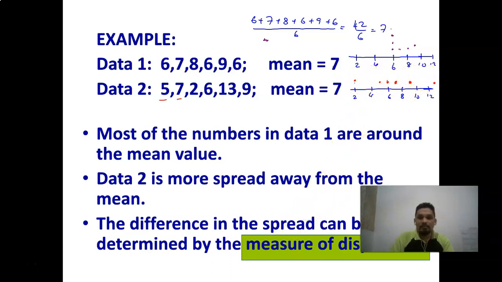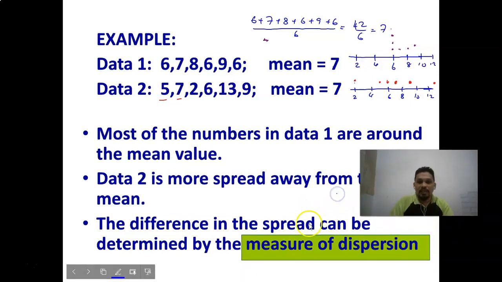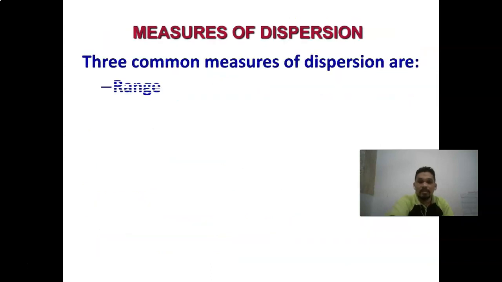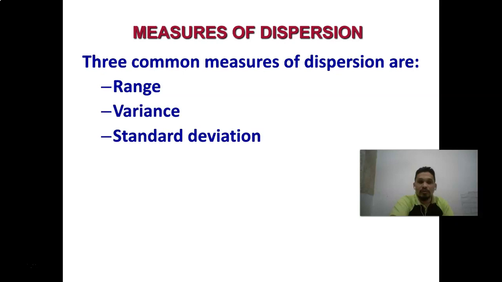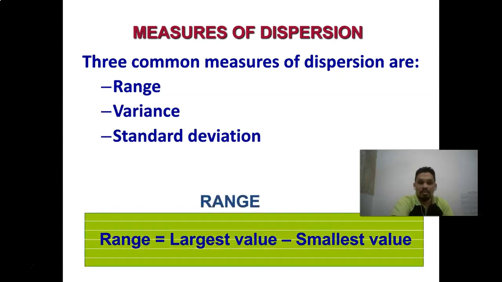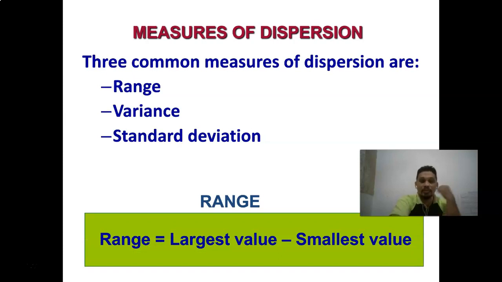So the difference in the spread can be determined by the measure of dispersion. We will look into the common measures of dispersion: range, variance, and standard deviation, where the range equals the largest value minus the smallest value.